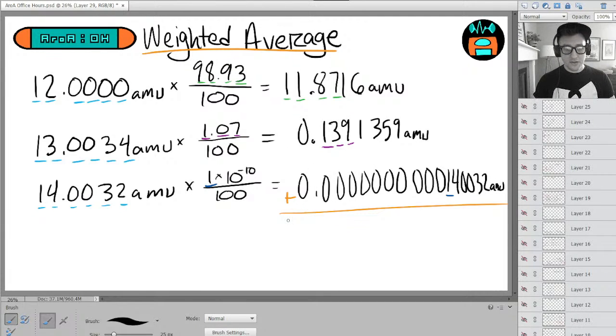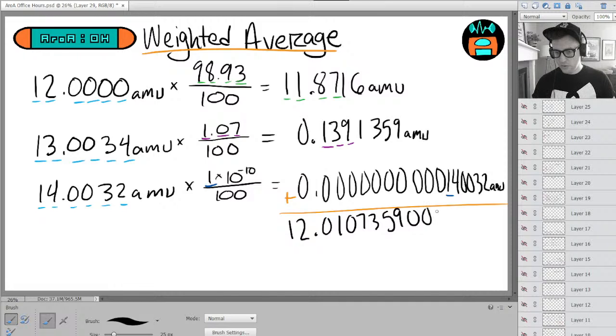When we add these 3 together, we get 12.0103900140032. When you look at your last significant digit, because we just did addition, you have to look at the precision of all the numbers you added.